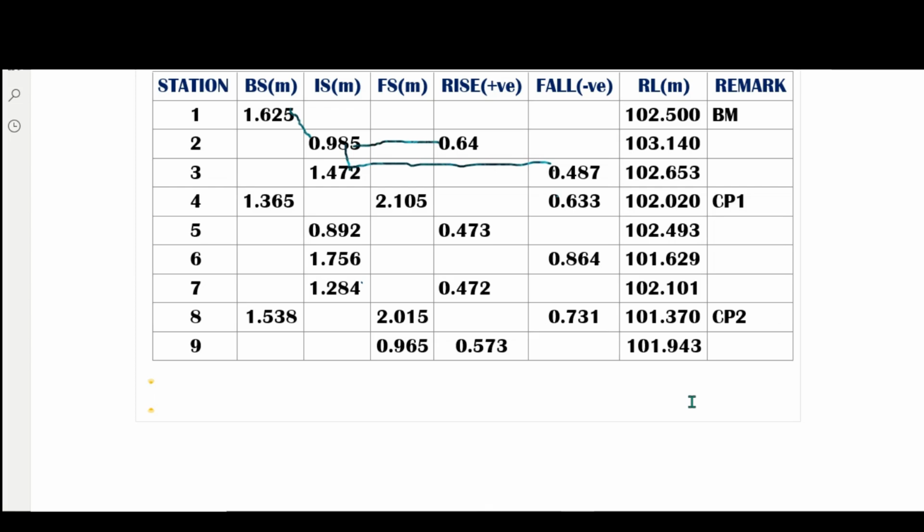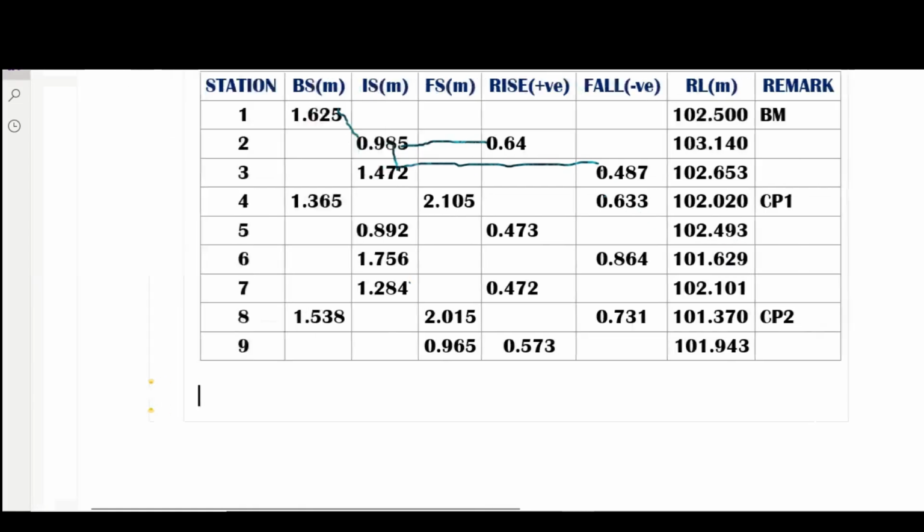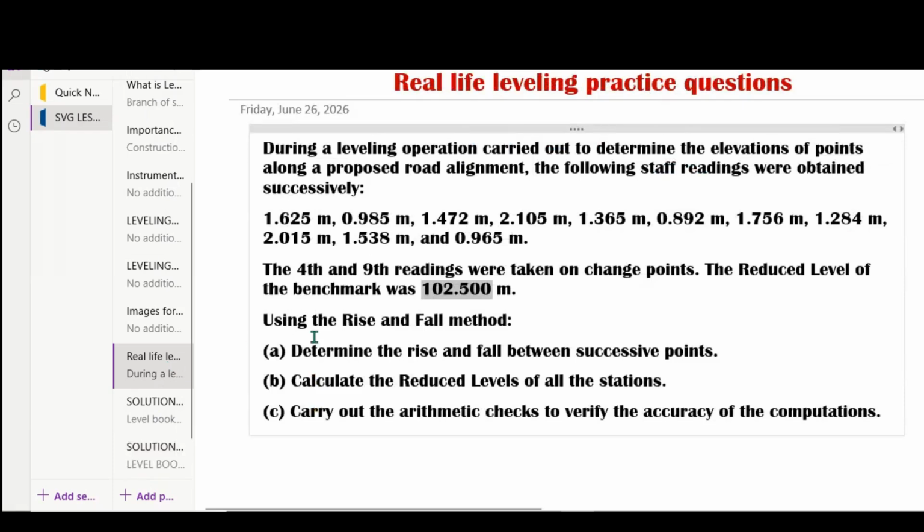What I'm going to do actually is have a column where I add all these together, and I add these together, and also this one and this one together, so I can prove what they said. Now these are the reduced levels my question asked me to find. My question says determine the rise and fall between the successive points, and I just did that.